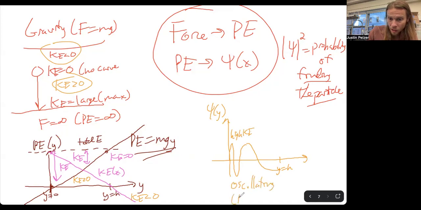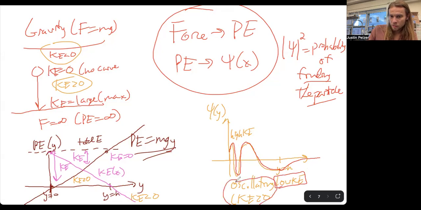It's oscillating because kinetic energy is greater than 0, which means if I have positive psi, I have negative curvature. I have negative psi, I have positive curvature. So it just oscillates. Here it gets really wide, low kinetic energy. And then it oscillates. And then it decays down to 0. Because here I had low kinetic energy. Here it's oscillating for that reason.